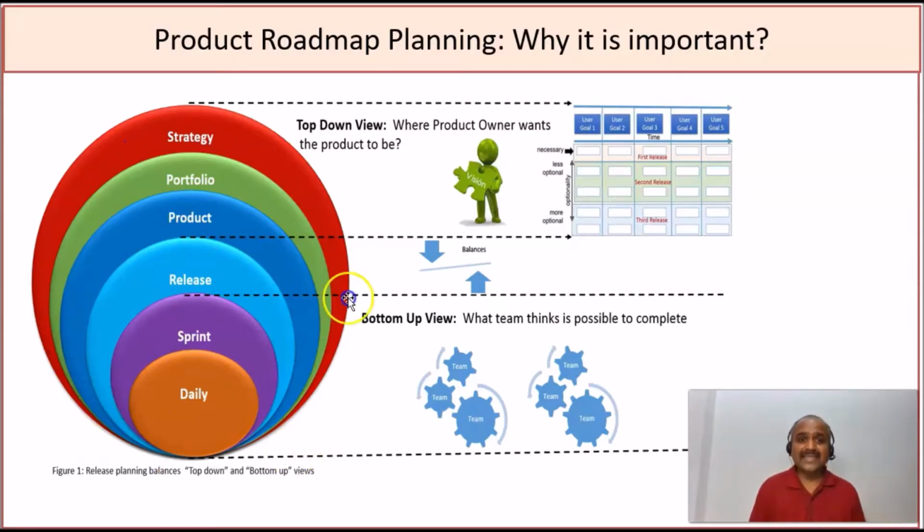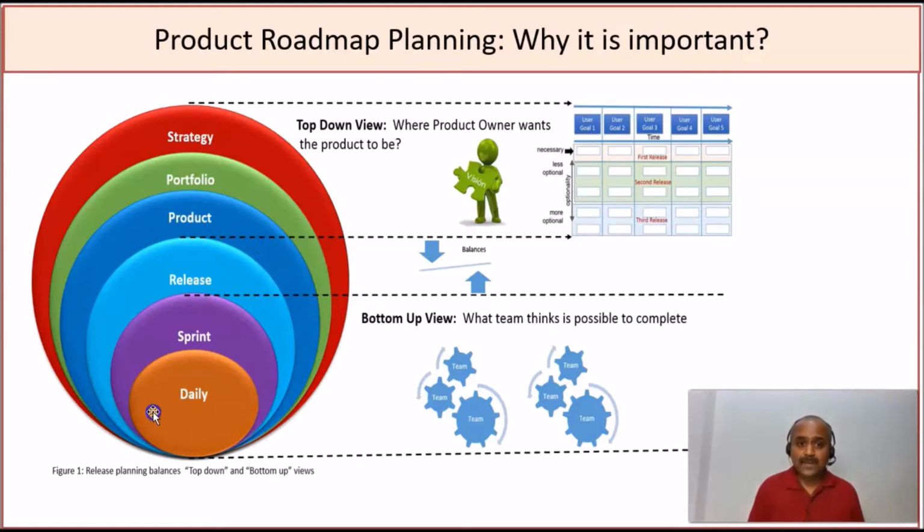These constant planning events are important because in Agile, planning is continuous. The outputs of daily planning flow to sprint planning, to release planning, to product planning, to portfolio planning, to strategy planning. That means the actual results flow from bottom up while the expectations come from top to bottom. When we reconcile periodically, we learn lessons and provide inputs for the periodic planning events.